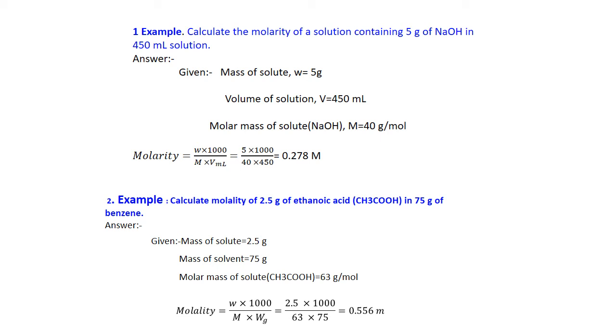So mass of solute is 5 gram, and 450 ml of solution means volume of solution is 450 ml. Molar mass of solute NaOH, formula mass, is equal to Na 23, O 16, H 1, the total is 40, and these are placed in the formula directly, and we can find out the molarity.